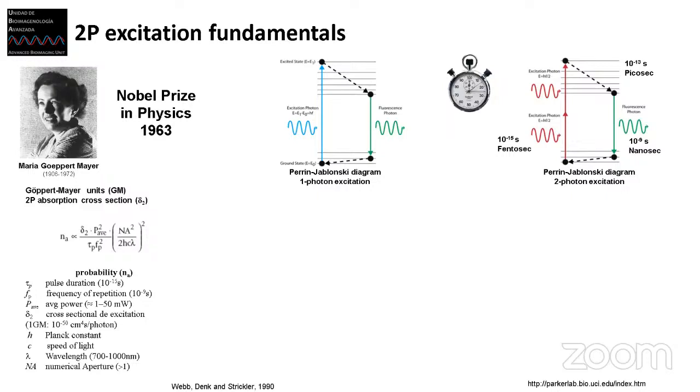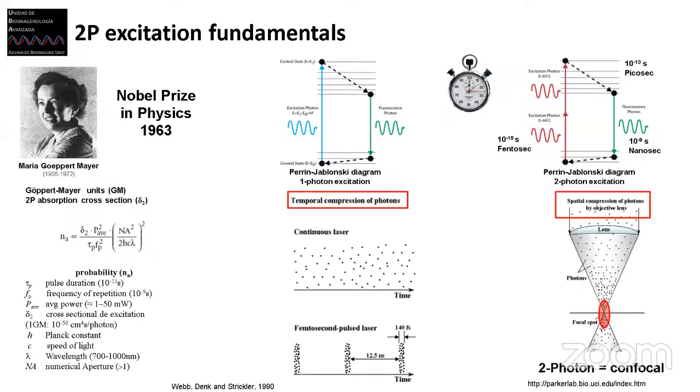The key of this is, in part, the excitation time. Excitation is a process that happens more or less on the femtosecond time scale, while fluorescence is on the nanosecond time scale. So what we need is basically, instead of having light in a continuous amount, to pack our photons in a range which needs to match this number, so femtoseconds, and all these lasers are femtosecond lasers.